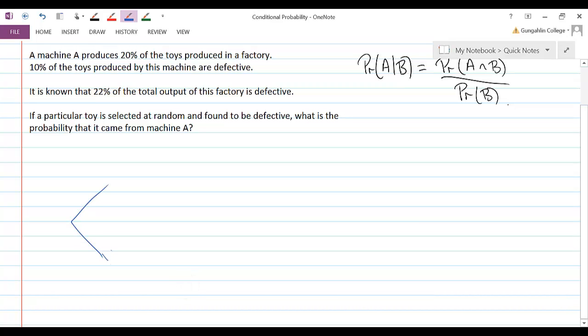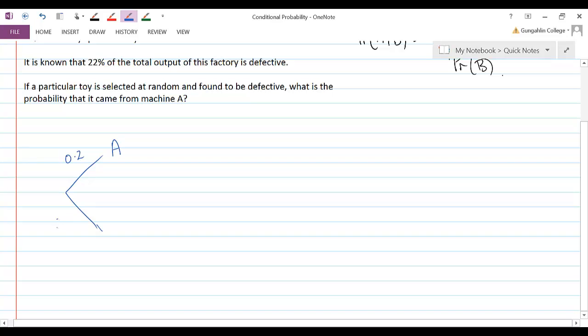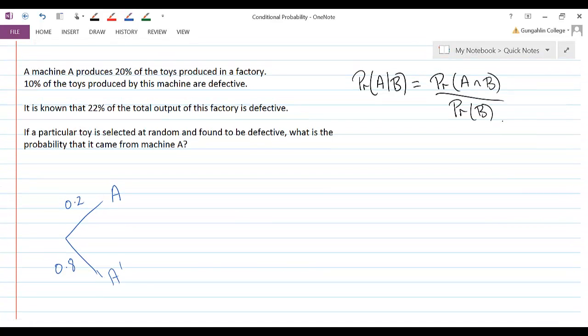First thing we need to look at is what machine produced this. We're told that machine A produces 20%, so the probability of A is 0.2, which means that 0.8 of the toys must be not produced by A. Now the next bit we're told is that 10% of the toys produced by this machine are defective.